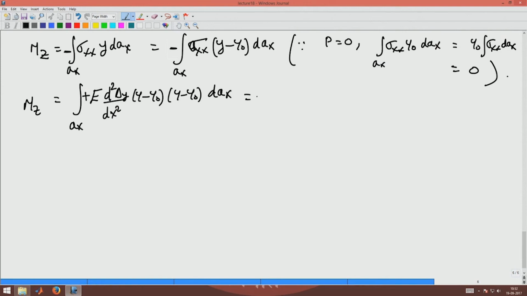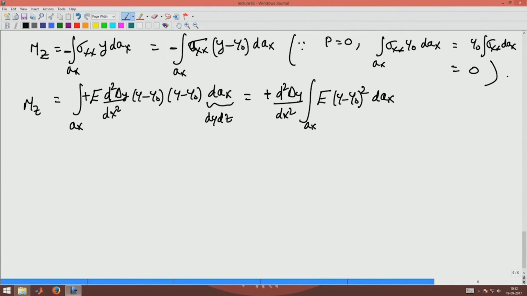Okay. So, dAx is dy dz, and delta y is a function of x alone. So, I can move that outside the integral, this will be d square delta y by dx square times integral E times (y minus y naught) whole square dAx.